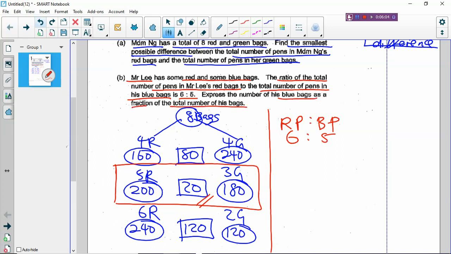Now it's a little hard because this ratio is talking about the pens. How do we get this ratio out of the table?